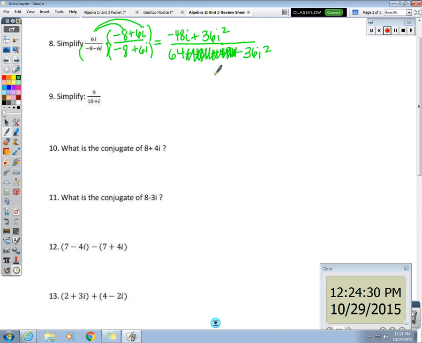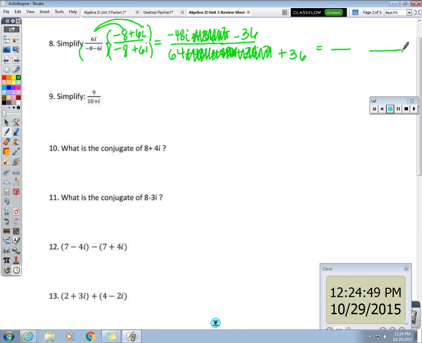Okay, now, what else can be simplified? What is 36i squared? Right. And what is a negative 36i squared? A positive 36. So the denominator becomes what? 100. And I'm going to go and break it apart just to save time. What does the numerator become?